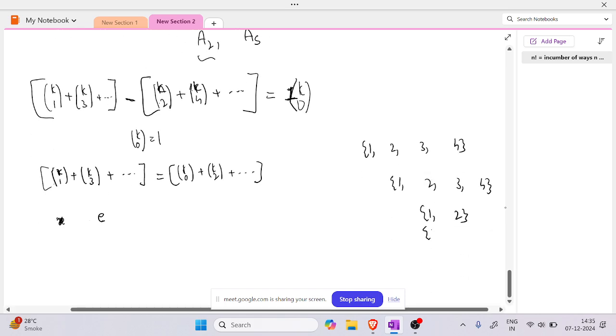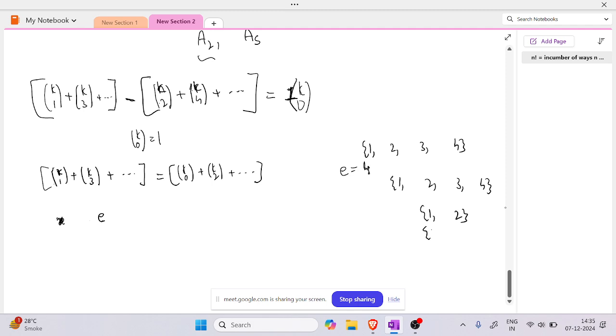Now let's say we consider the element 4, and let's consider a subset with even cardinality. Whenever we see that the element is present in our set, we will remove it, and if we see that the element is not present in our set, we will insert it into the set.